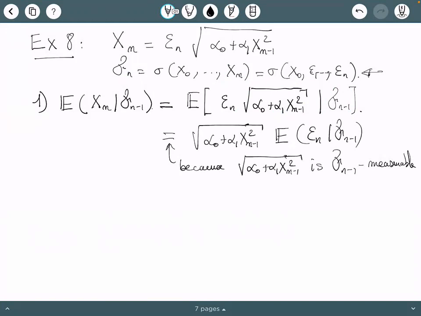Okay, so you agree that it is Fn minus 1 measurable. It is a deterministic function of xn minus 1. You have the information xn minus 1 in Fn minus 1, so it is measurable with respect to this sigma field. Here I use the property of the conditional expectation that what is measurable with respect to the sigma field can go outside.